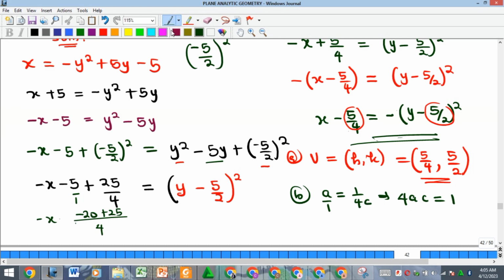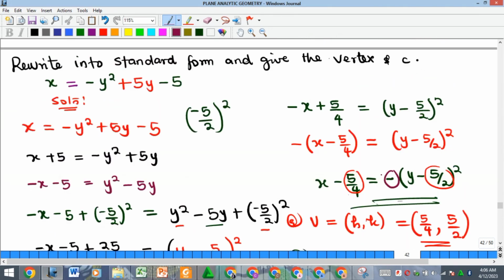Okay, so from here now, if you put all the values, what is our a? Our a is simply the coefficient of y, and in this case is minus 1. So we're going to have 4c is equal to 1. Therefore our c alone is minus 1 all over 4 if we divide both sides by minus 4. Okay, and that is the solution to this particular problem.